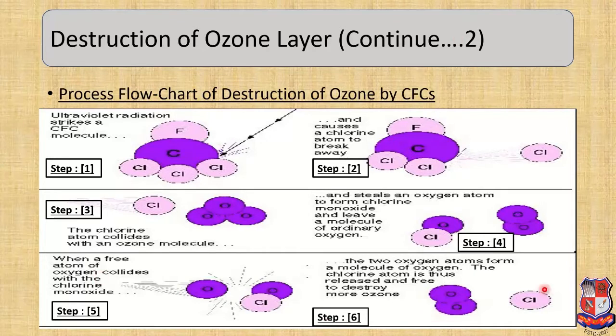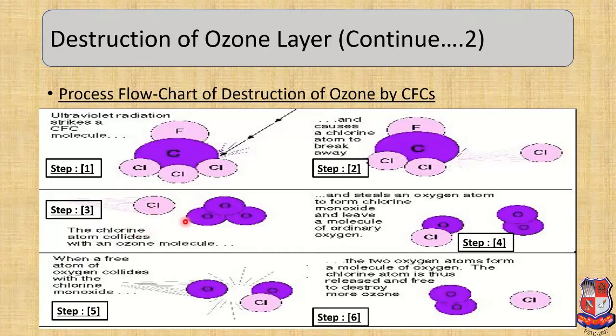Now this same process can be more easily understood by this process flow chart of the destruction of ozone by CFC. As we can see in this process flow diagram, in step 1, this is the molecule of CFC that contains carbon, chlorine and fluorine. Now ultraviolet radiation strikes this CFC molecule, and in step 2 that causes a chlorine atom to break away.